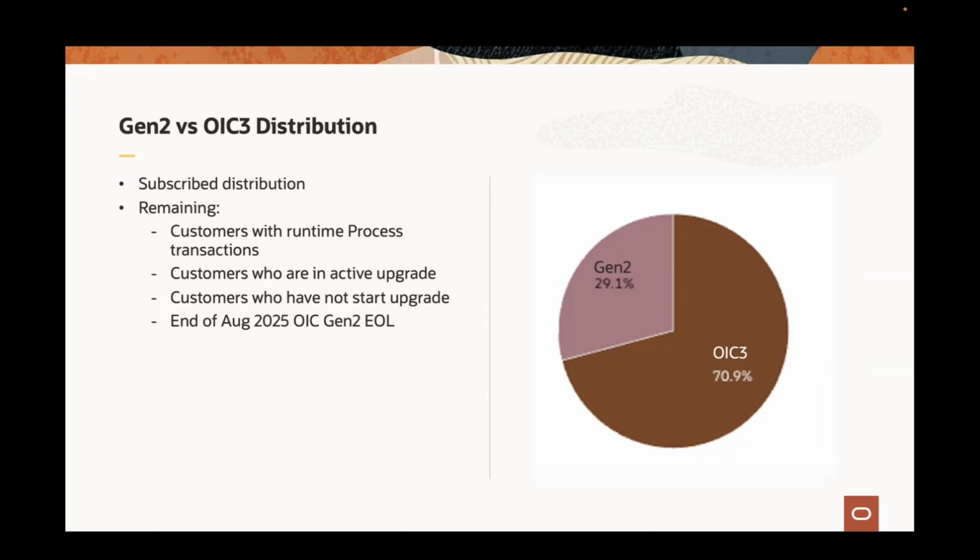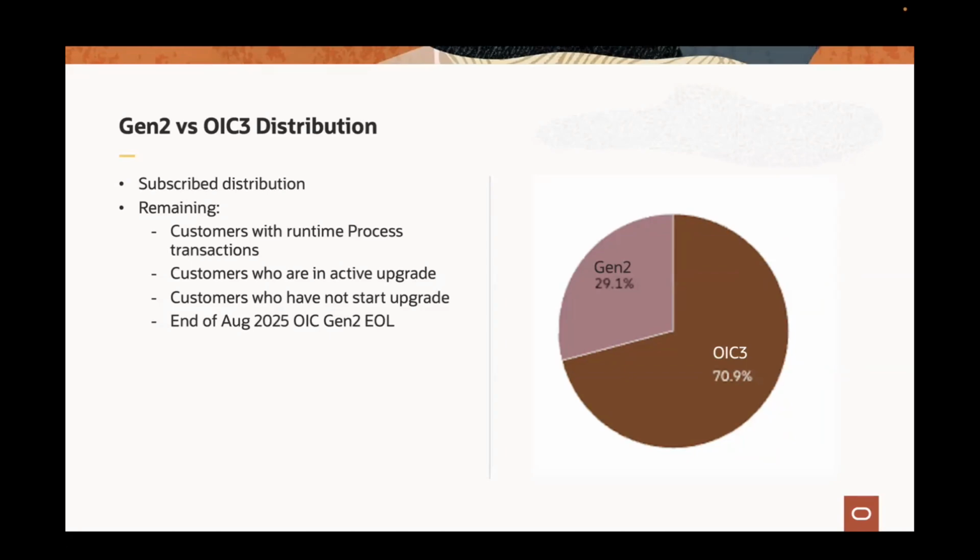We still have less than 30% of our operation running on Gen 2, but the majority of instances are operating in OIC 3. The Gen 2 section could be customers with runtime process transactions.